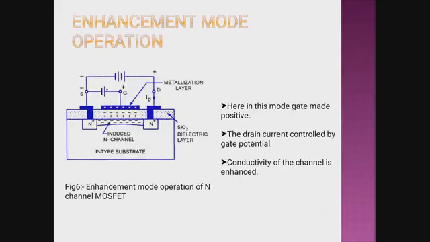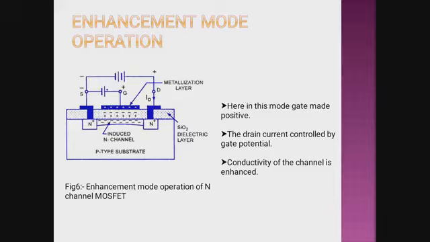This is the basic difference between DMOS and EMOS. No channel is doped between the source and drain terminal. This channel is an induced channel.